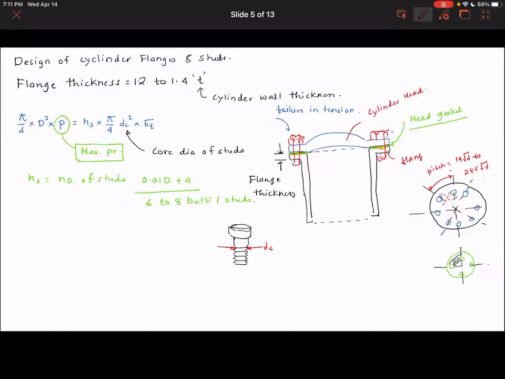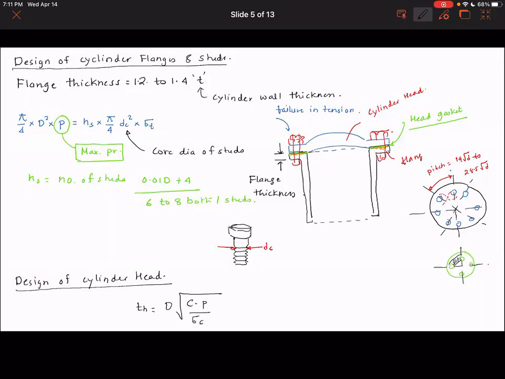And the last part of the cylinder design is the design of the cylinder head. And this is actually very straightforward. The only important parameter is the thickness of the cylinder head, which is D times square root of C P divided by sigma C, where C is the design constant, which is considered to be 0.1.